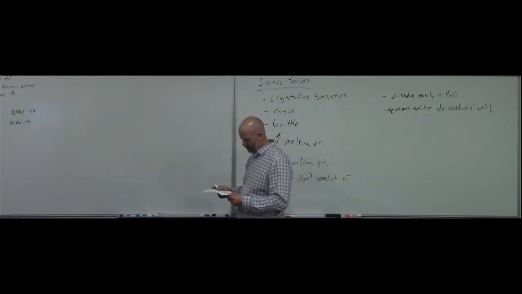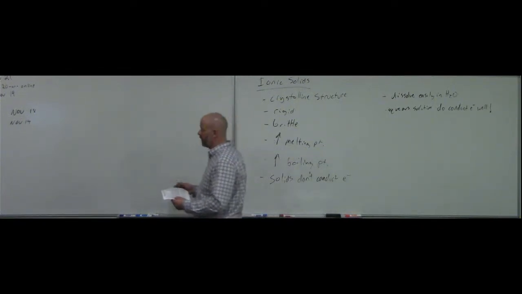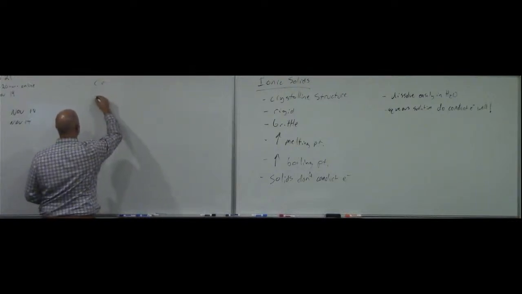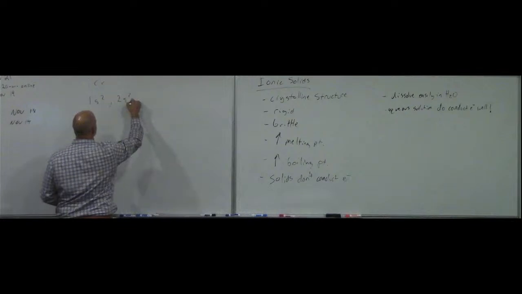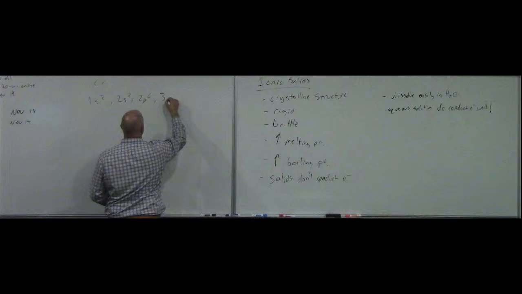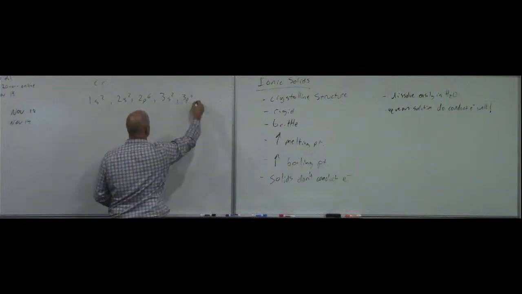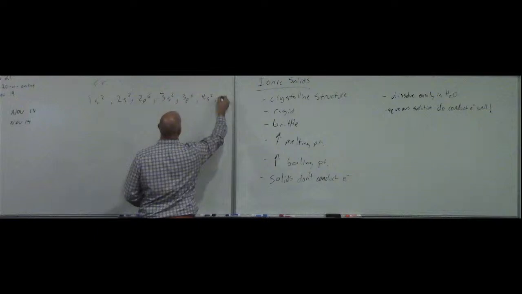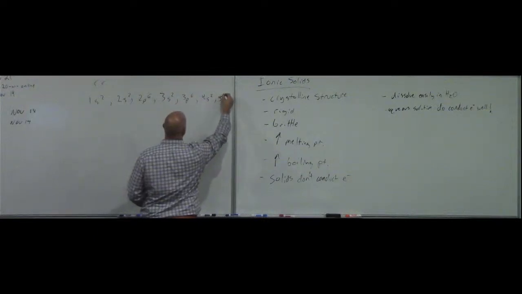Chromium is atomic number 24. Normally it'd be 1s2, 2p6, 3s2, 3p6, 4s2, 3d10.